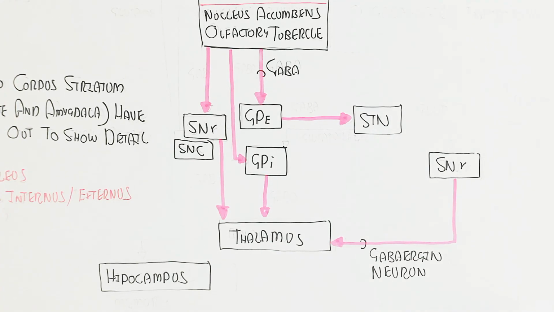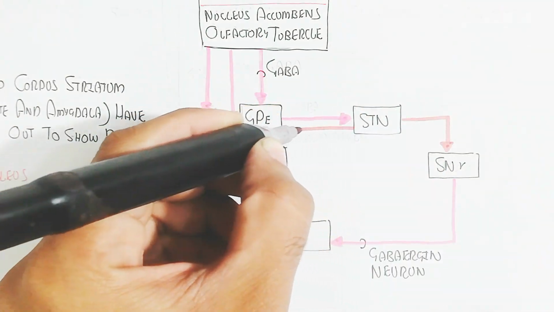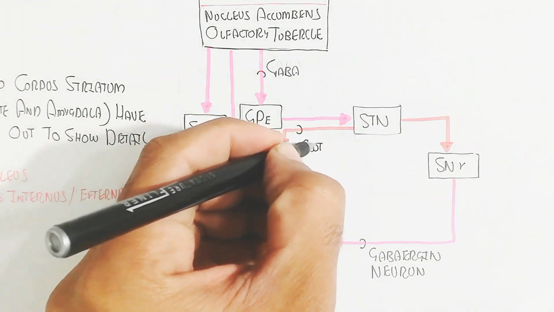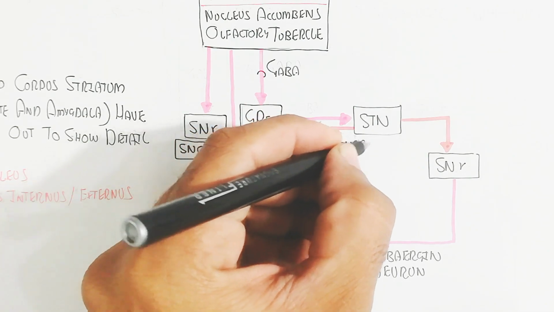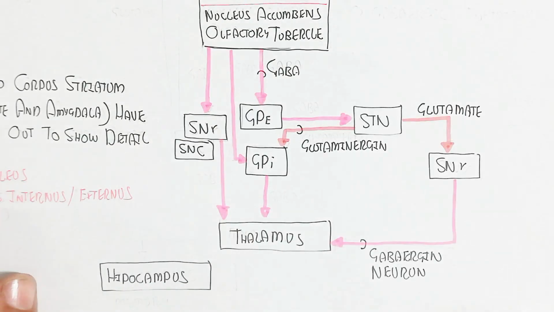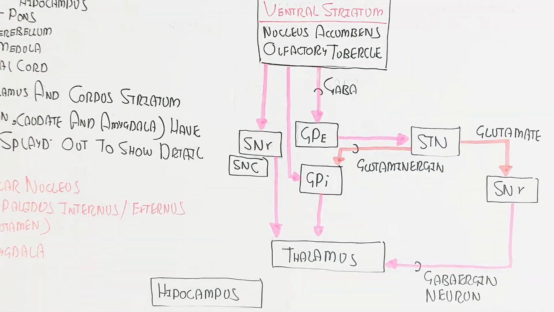When the thalamus is stimulated, it will lead to stimulation of the hippocampus for storage of long-term memory, while the substantia nigra will stimulate the pars reticulata through glutamate, and in this way when it is stimulated it will lead to further stimulation.